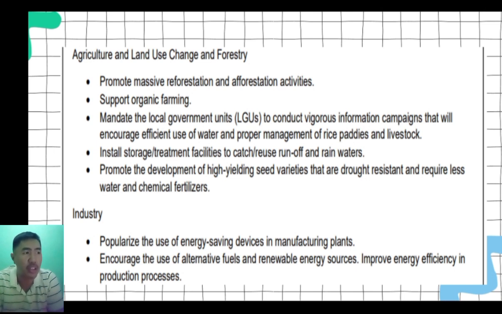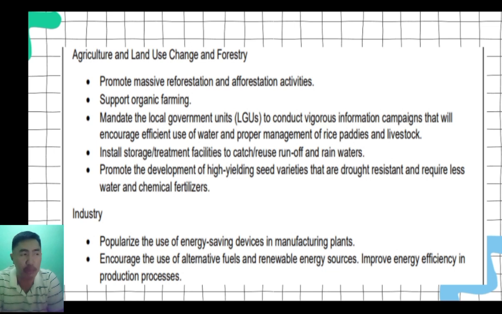So popularizing the use of energy-saving devices will help to conserve energy and of course lessen the effect of, for example, factories that emit smoke. So if there is the right technology for that, at least the effect on our environment will be lessened, and our environment will be saved.